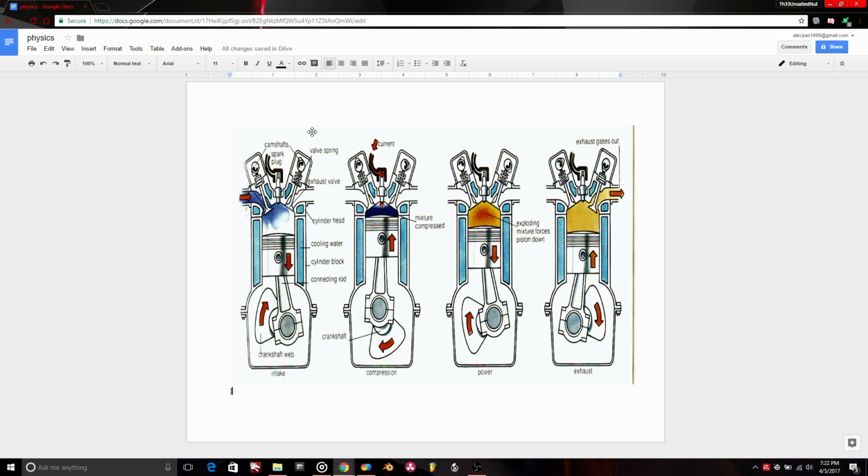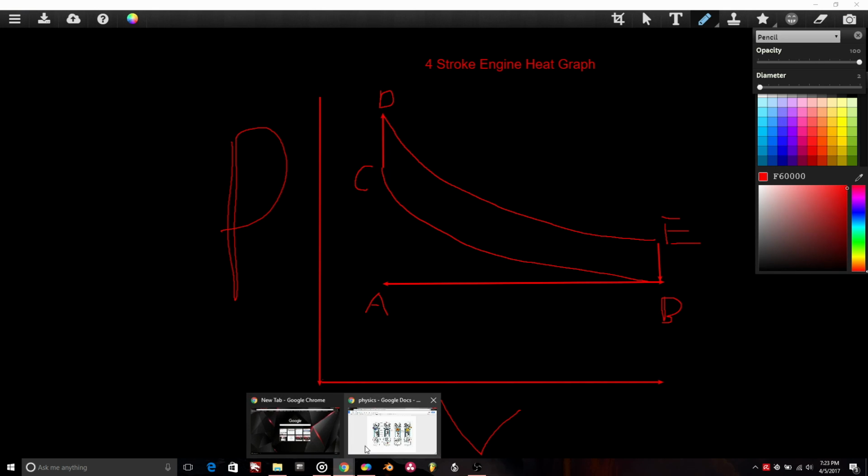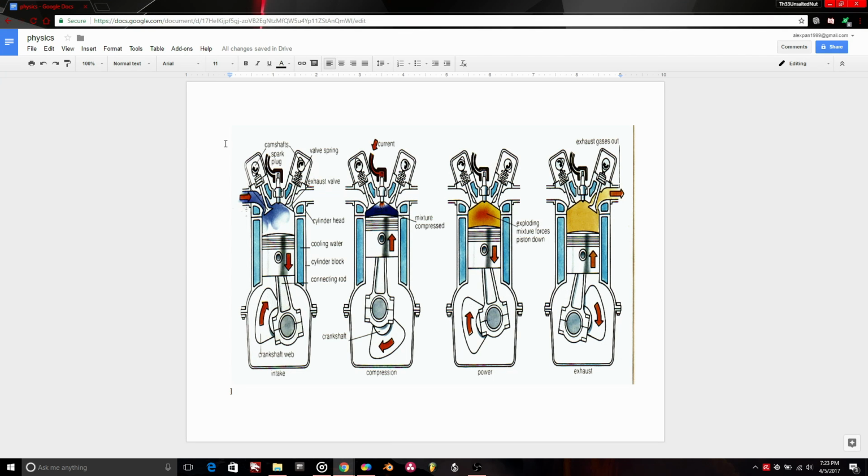So here it is. We have the intake process right here where my mouse is fluttering around. This is going to be the first process. We have this intake valve right here that starts the whole process. The intake valve opens at A, as seen right here. When that intake valve opens, an air-fuel mixture rushes in at a ratio of 14:1, that being air first, fuel the 1.